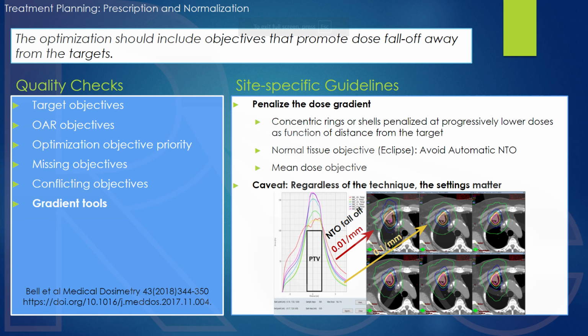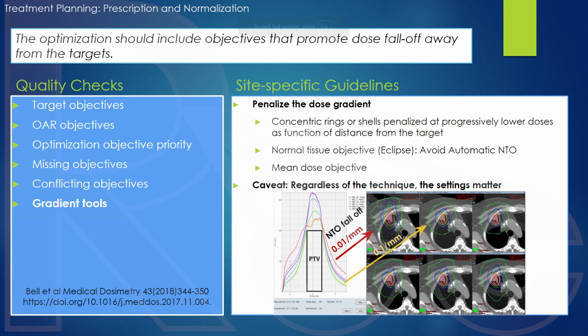So here's a caveat. Regardless of which of these techniques you use, and you may use multiple in combination, the settings matter. And so below I show an example of the NTO. So this is a 1D gradient penalty where the fall-off value is altered across the same plan.